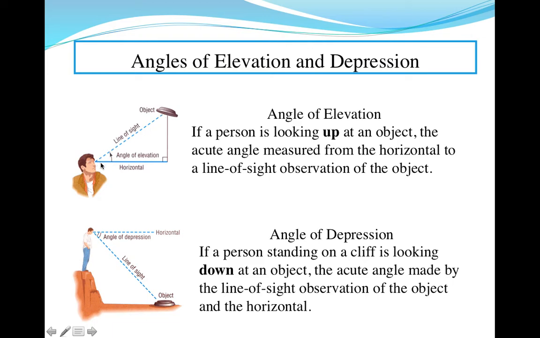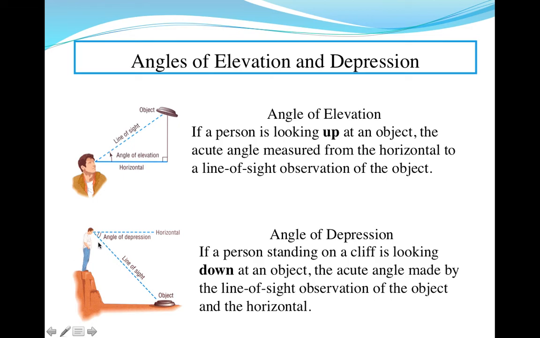The angle in between them is the angle of elevation. An angle of depression is when a person is looking down at an object. If a person was standing on the cliff looking down, then the acute angle made by the horizontal line of sight and the depressed line of sight, this angle right here, is the angle of depression.